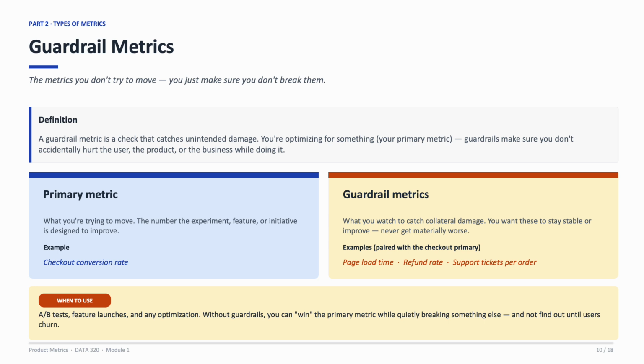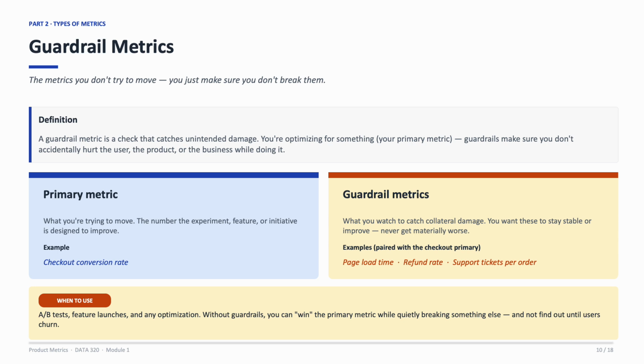Common guardrails are latency, error rate, customer support volume, and downstream revenue churn. So when to use them? Anytime you ship an A/B test or feature launch, define your guardrails before you start. Without them, you may celebrate wins that are quietly hurting the business.